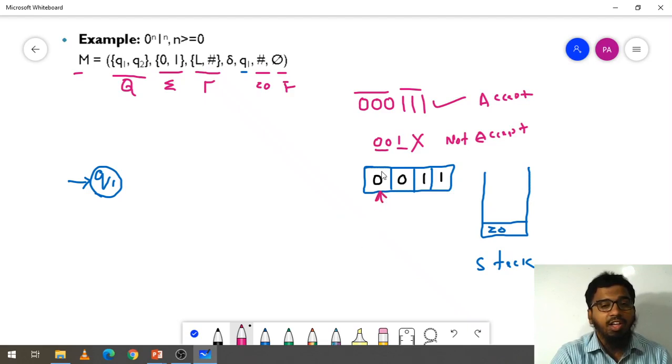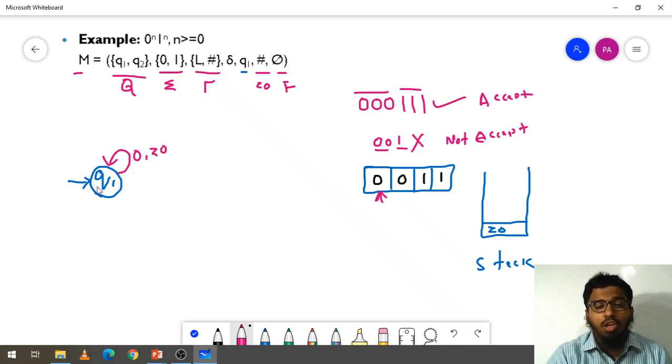Now our header is here. So when Q1 on 0, after that we need to check what is present in the stack. What is present in the stack is Z0. What is the top? Z0.